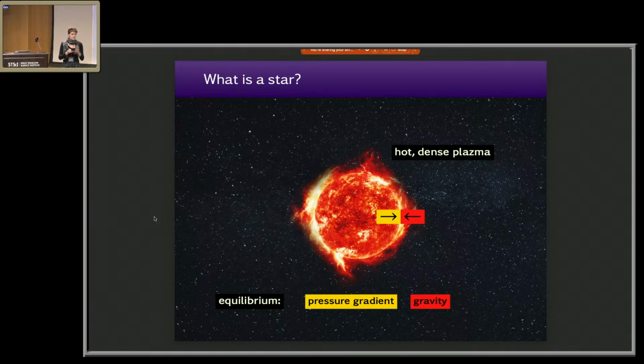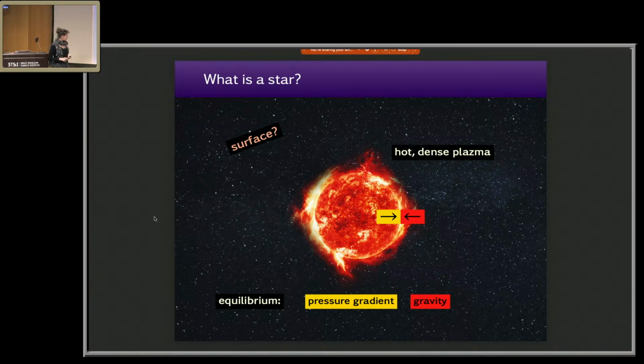It might come from the gas pressure, it might come from radiation pressure, whatever pressure, but it keeps it intact. And the self-gravity of the object pushing inwards. These two forces create a very nice, long-lasting equilibrium, which we know because you look up at the sky and you see stars shining for millions of years. So that's a star for you.